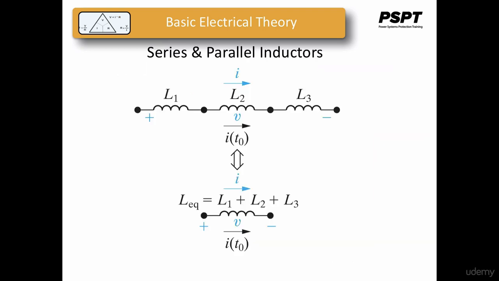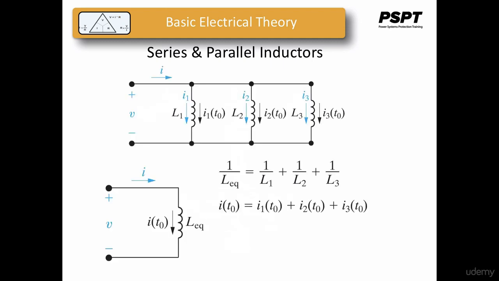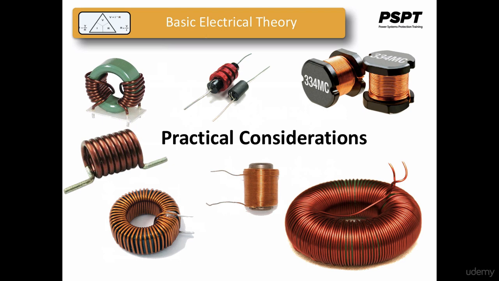We then go on to describe what happens with inductors as they are placed in series and in parallel. As a final note, there is a discussion on practical considerations in regard to inductors and how they react in a circuit and how they interfere or possibly could interfere with other components, say on a circuit board.